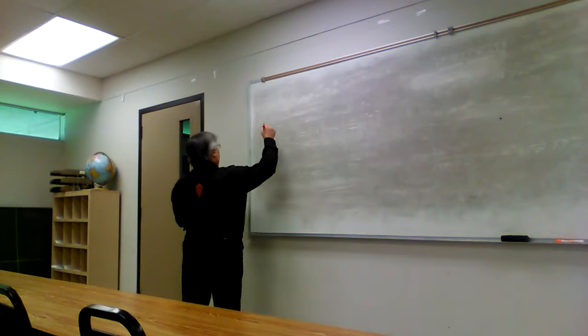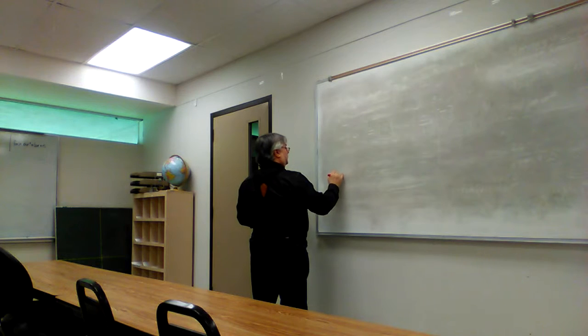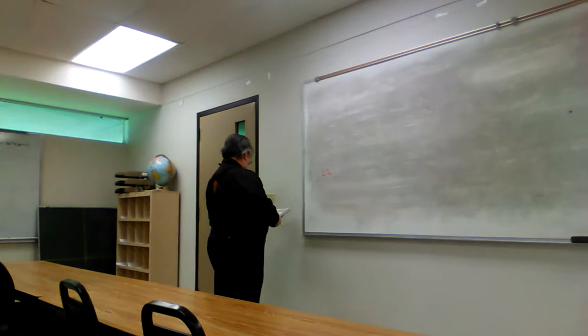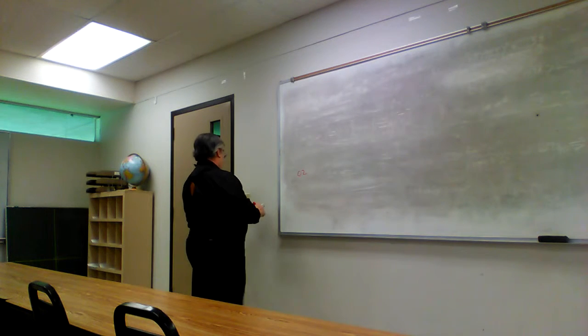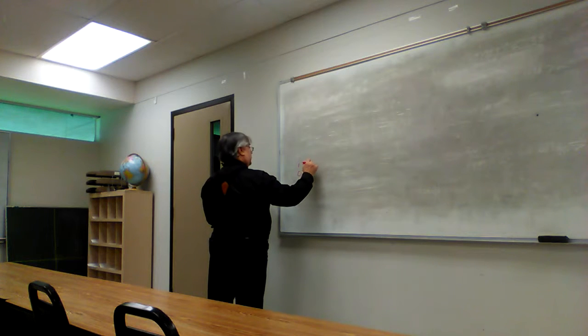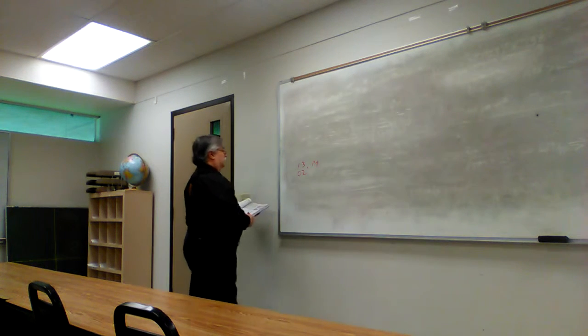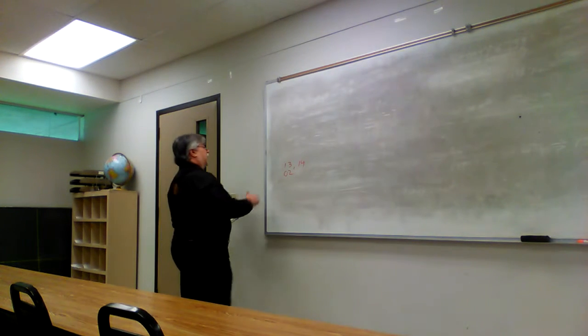We've got the lowest number, and I'm going to write it from bottom to top, which is 02. The next is 13 and 14. Then we've got 20, 23, and 25.